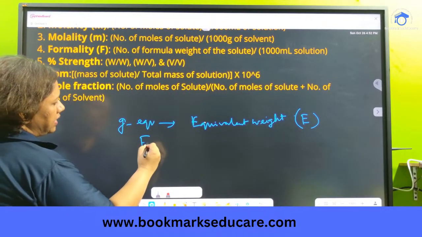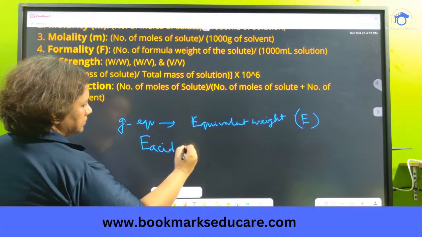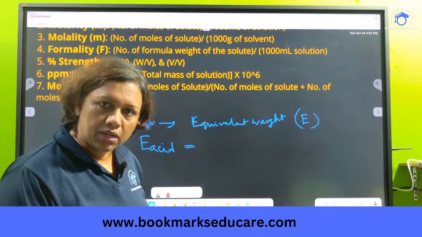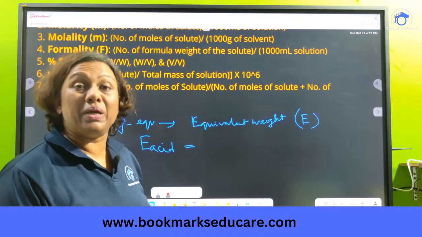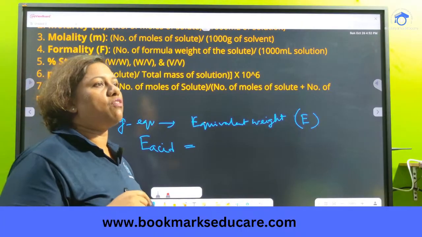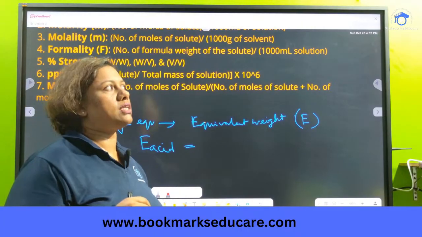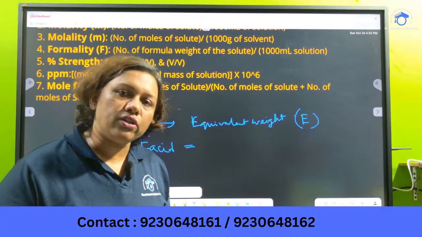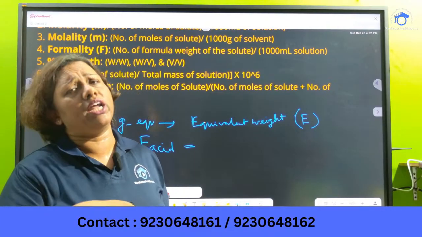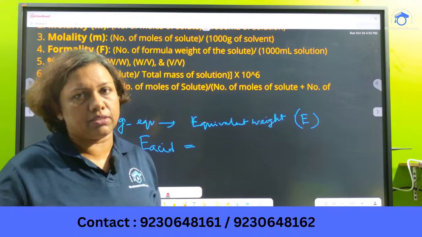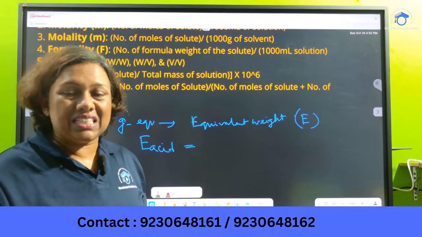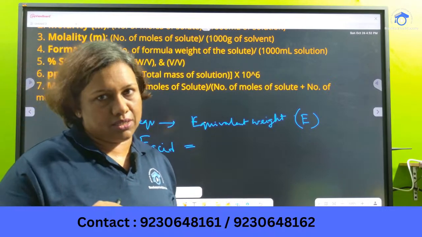Now for acid, equivalent weight is molecular weight divided by the replaceable number of hydrogen, or the basicity of the acid. In any acid, the number of replaceable hydrogens, for example in H2SO4, two hydrogens are there and these two hydrogens can be replaced by any active metal, electropositive things. So these two hydrogens are replaceable and this is known as the basicity of the acid.